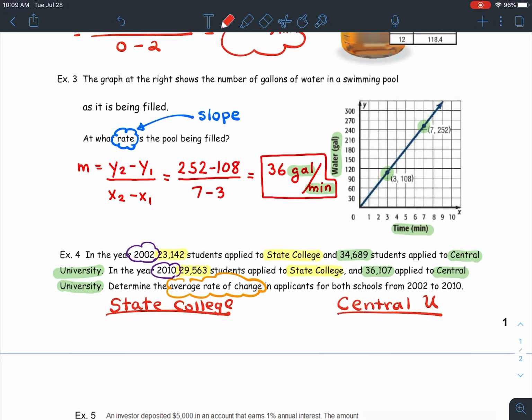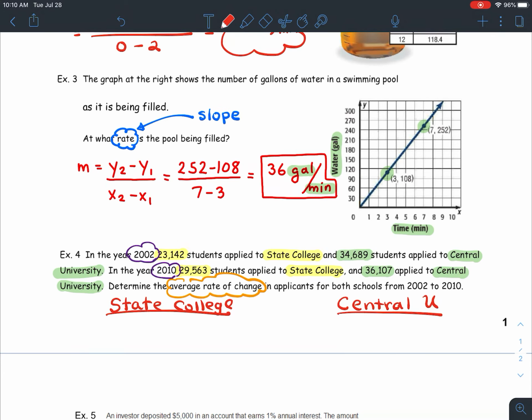A lot of times when they give you points, but it's not in a table and it's not in a graph like the previous 2 examples, but rather it's listed out in sentences like this, you're just going to pair up the first number that they mentioned for State College, and you're going to use that as the X, and you're going to pair that up with the second number they mentioned for State College as the Y. Okay, so our, oh, I'm sorry, that is incorrect.